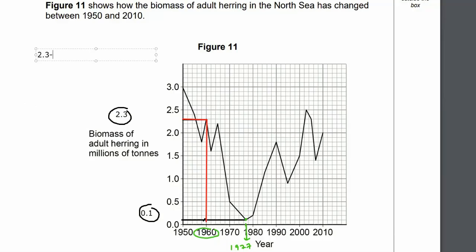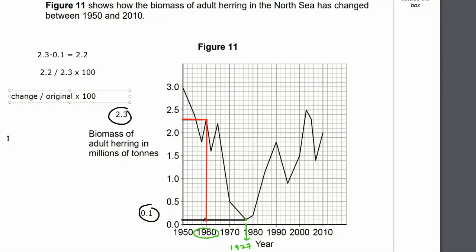So what you're going to do here is 2.3 take away 0.1, and you're going to get 2.2. So we're going to want to do 2.2, which is the change in the biomass, divided by the original biomass in 1960, which was 2.3, times 100.